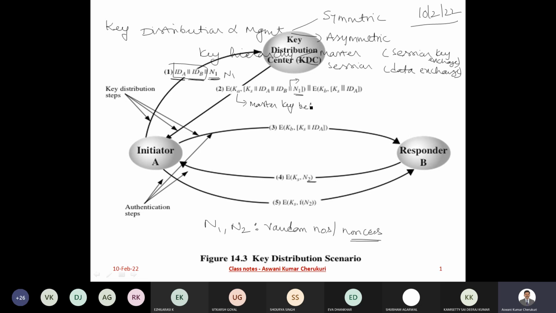Master key between... can somebody tell me what is the master key between?